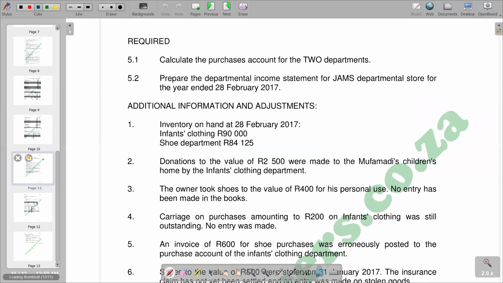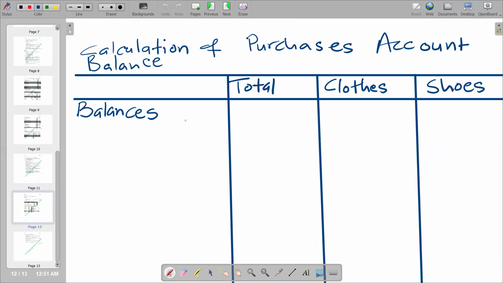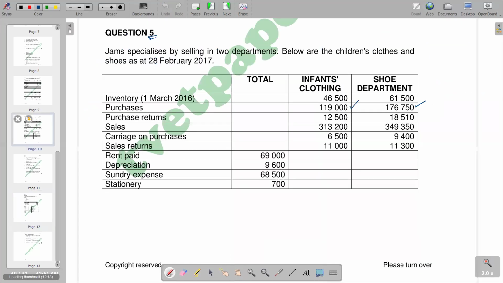Going back to our information, we have the statements whereby for the infants clothing, our purchases are 190,000, and for the shoe department, we're given 176,750 rands. So we are going to take these figures according to our departments and enter them as our opening balances: 190,000 for clothing, then for the shoe department, 176,750.